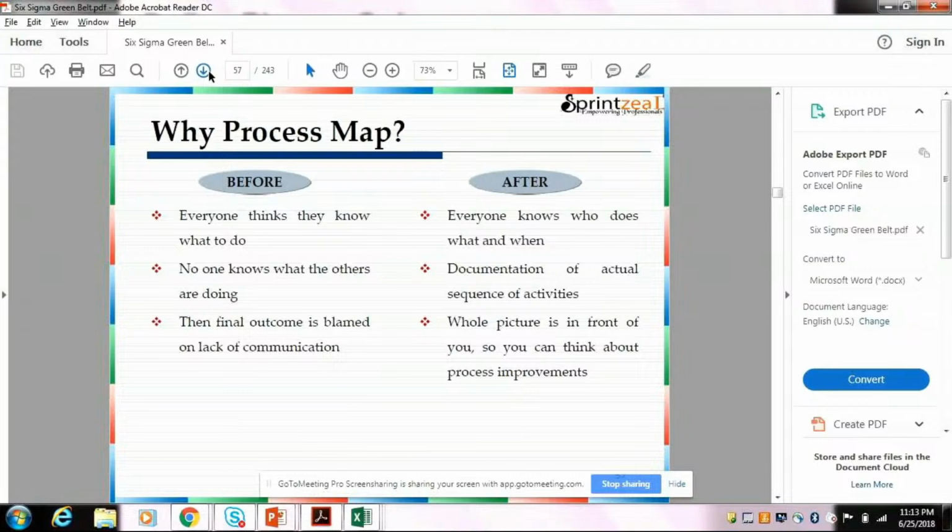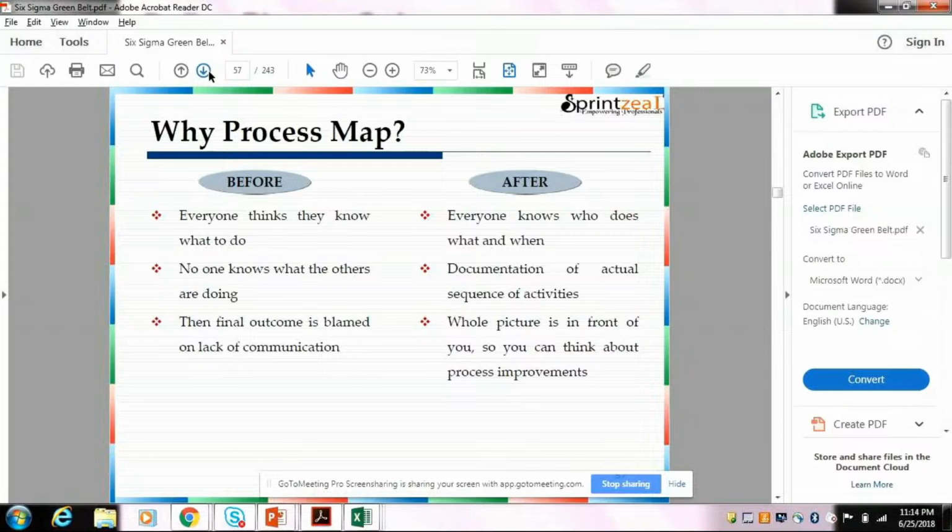And why process map? Again, no brainer. I'll tell you, process mapping is one of the most effective ways of doing an improvement. We've done a lot of consulting assignments for various organizations based in India, in the US, in Europe, and one common tool that we have used everywhere is process mapping.